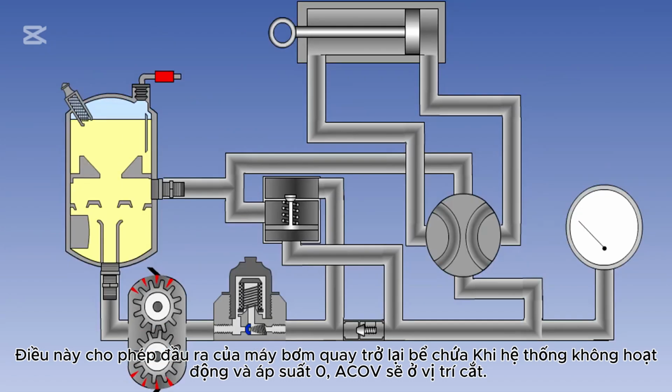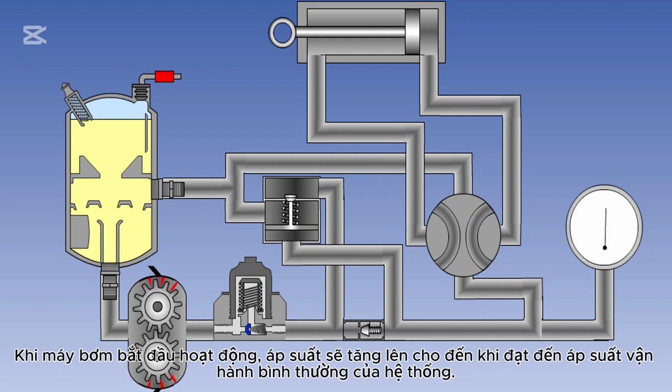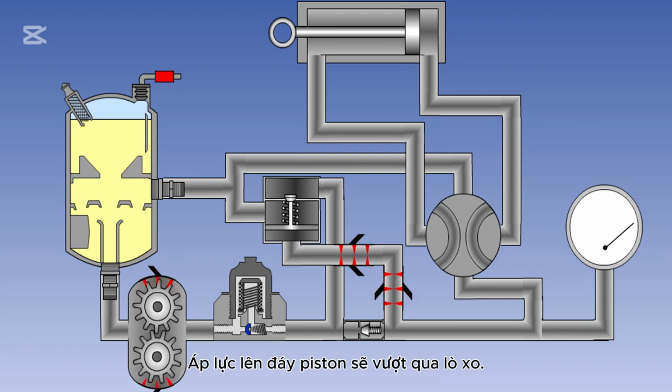With the system not operating and the pressure zero, the ACOV will be in the cut-in position. When the pump starts operating, pressure will build up until normal system operating pressure is reached. The pressure on the bottom of the piston will overcome the spring.